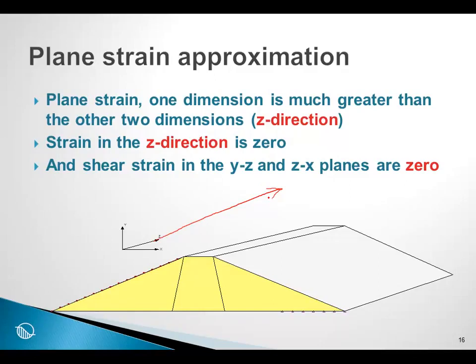As a result, we make the assumption that the strain in the Z direction is zero. So the strain in the Z direction is equal to zero. In addition, by making this assumption, the shear strain in the YZ plane is zero, and the shear strain in the ZX plane is also zero.